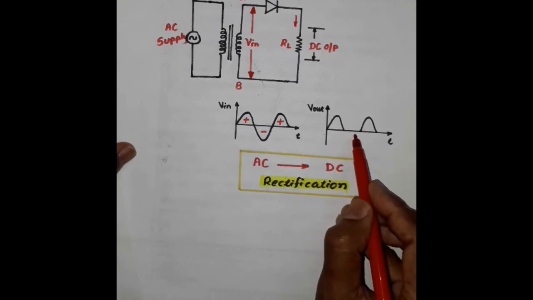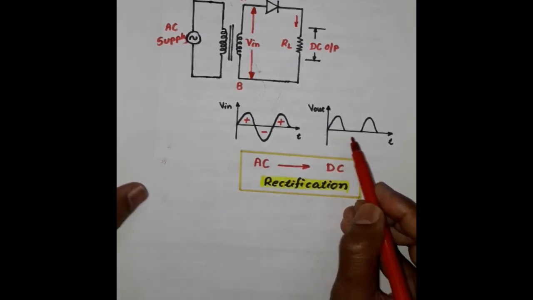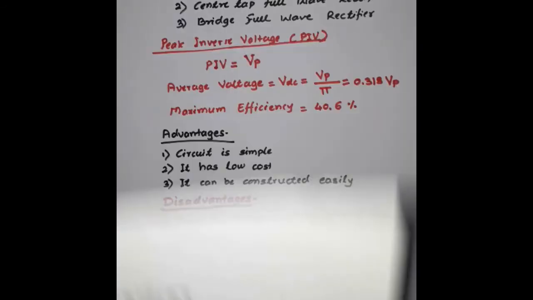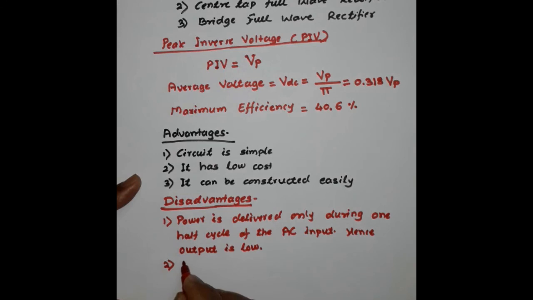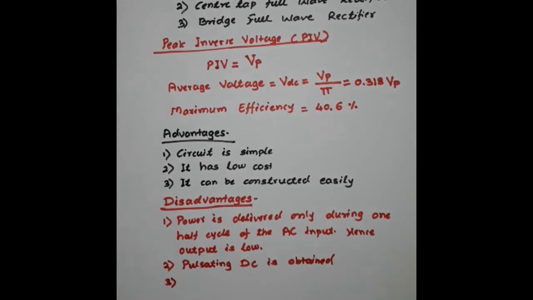So pulsating DC output is obtained, which is the second disadvantage. And one more disadvantage of this rectifier is that transformer utilization factor is low.